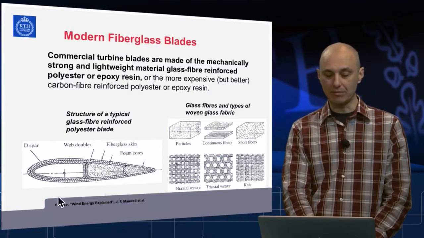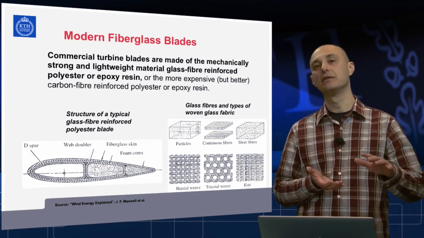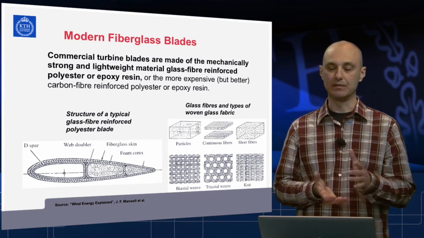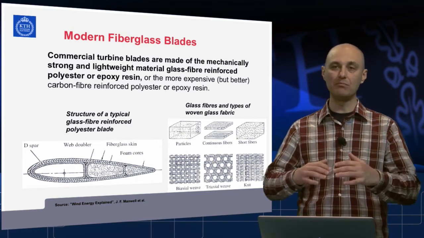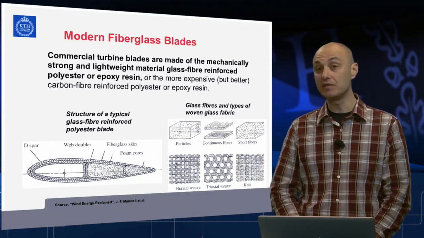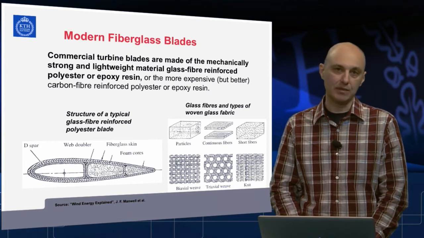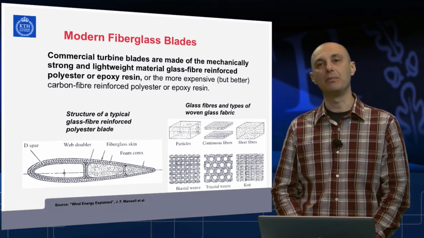The way to build up the blade is to lay down layers of glass fabric and glue them together with epoxy resin or polyester material. In this way you can nicely mold the entire blade, shape it out in the end, and finish it. It's a super flexible, super lightweight, comparatively cheap option for manufacturing the blade.